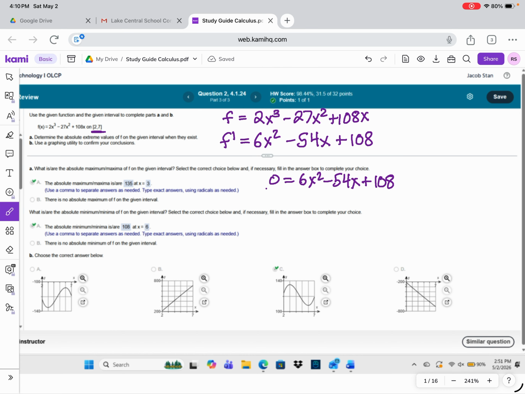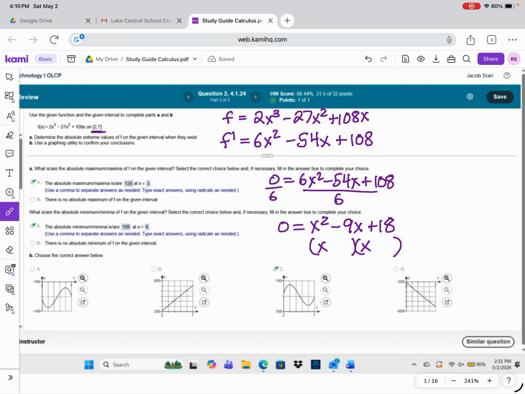Okay, to solve this, we can divide these all by 6. So 0 equals x squared minus 9x plus 18. Okay, and then we can factor it. So the x squared gets split as x and x.